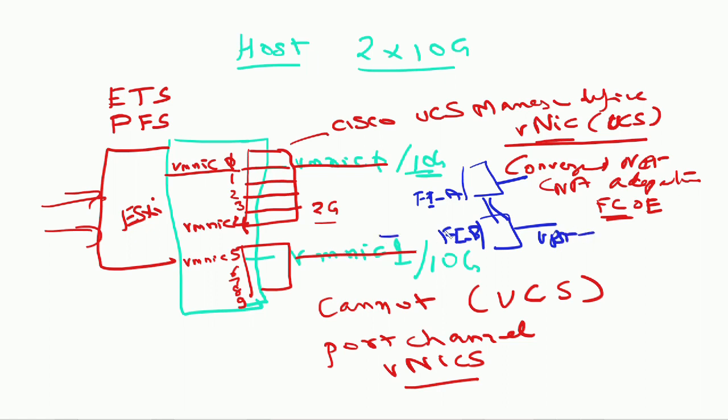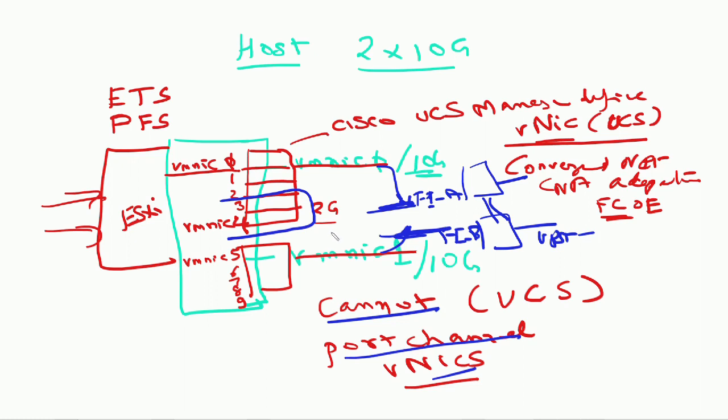These connections here are basically 2 connections, your 2 10 gig links, so they go in like this. You cannot port channel those virtual NICs. You cannot say, I'm going to take these and port channel them, because this is a virtual connection happening here. So just keep that in mind in that situation.